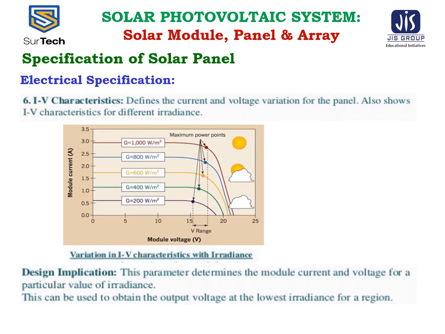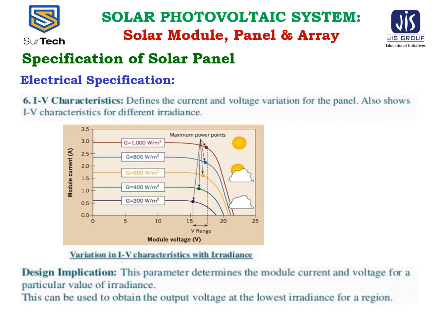Now the IV characteristics define the current and voltage variation for the panel, and also show the IV characteristics for different irradiance. For different irradiance, the module current will be different. This parameter determines the module current and the module voltage for a particular value of irradiance.